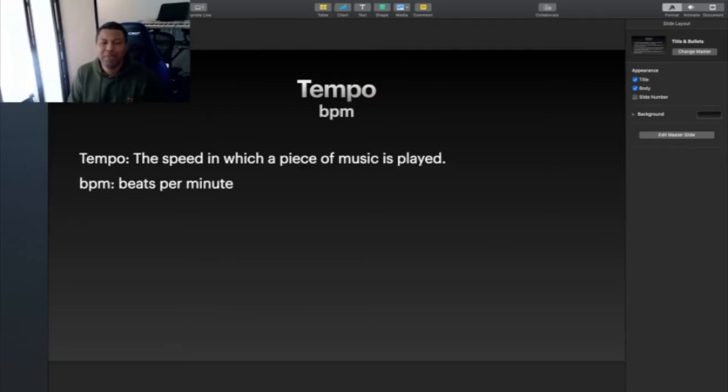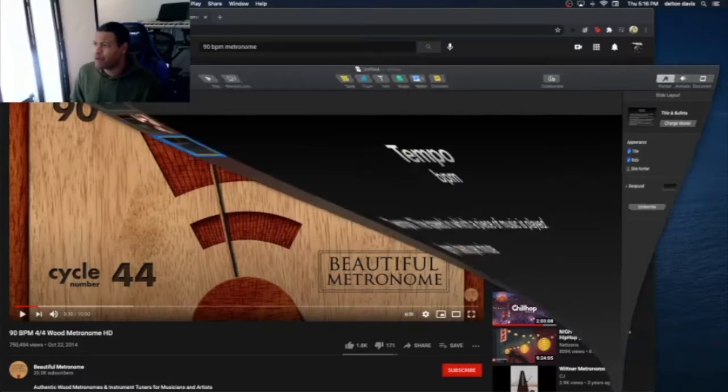What's tempo? Tempo is the speed in which a piece of music is played. And as you can see, I have the letters BPM under tempo. That means beats per minute. When it comes to beats per minute, what does that mean? I'm going to show you an example in regards to tempo.